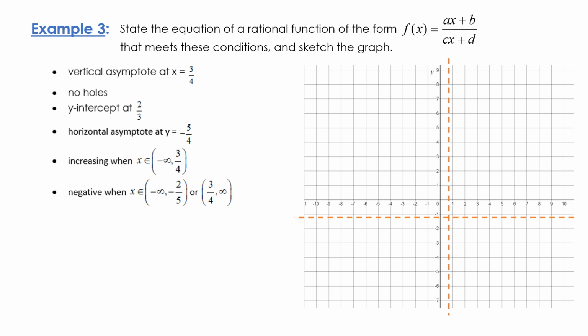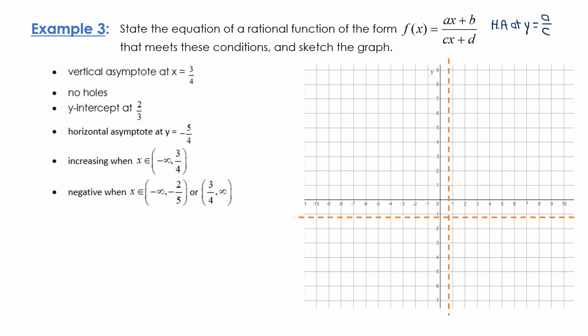When the degrees are equal, we take the leading coefficient divided by the leading coefficient. So I'm going to write this up here beside it: my horizontal asymptote is going to be at y equals a over c.